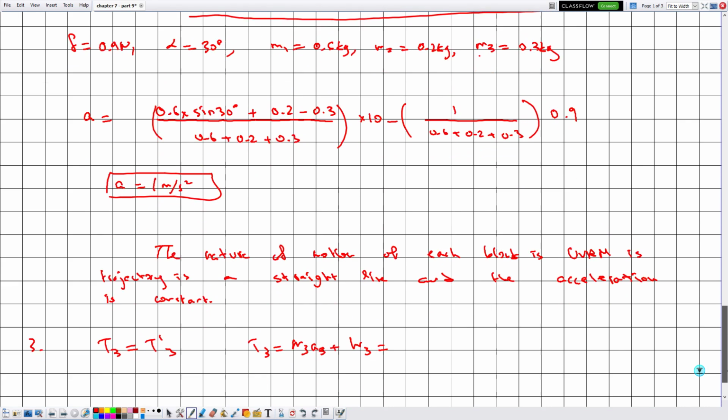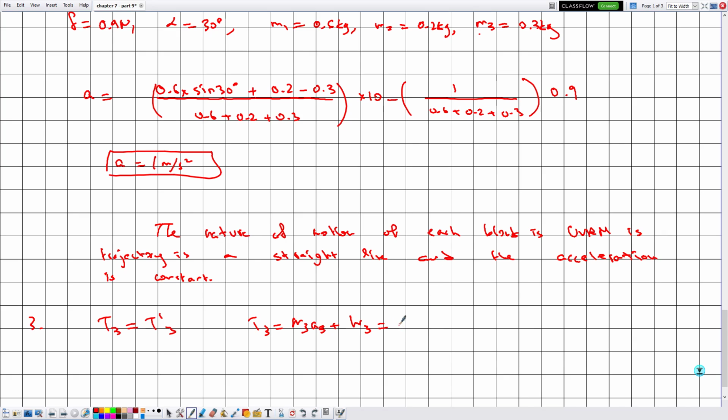What's the value of M3? 0.3 multiplied by 1 plus 0.3 multiplied by 10, which is 0.3 multiplied by 11. So it's given by 3.3 newtons.